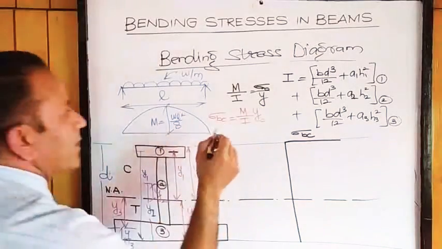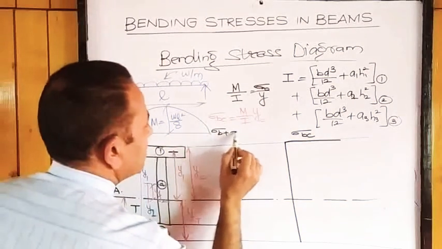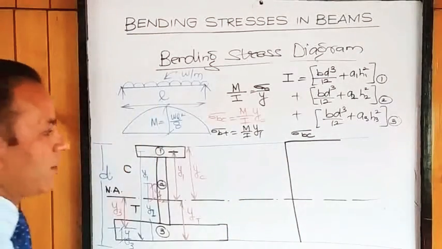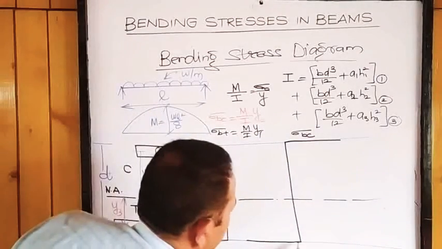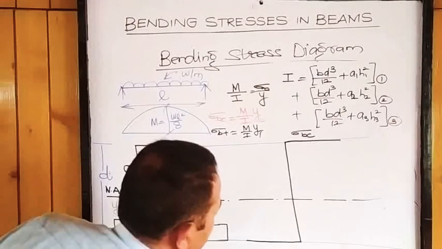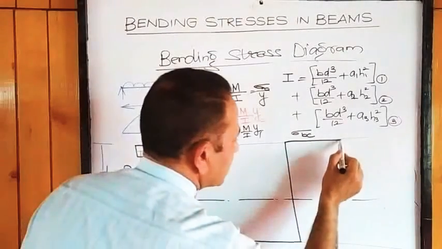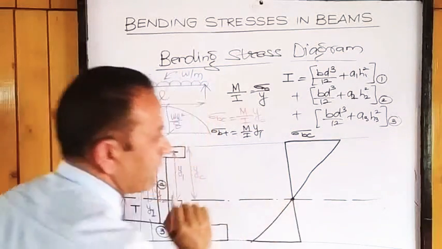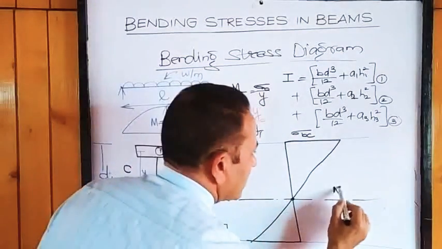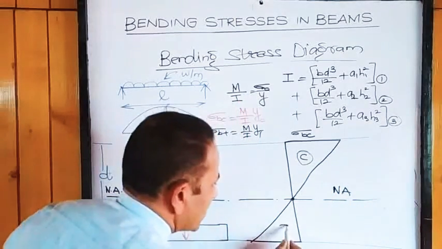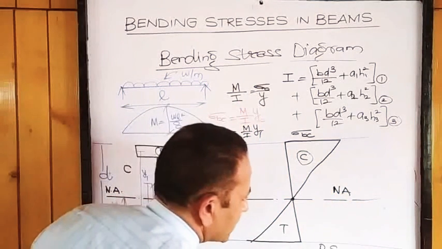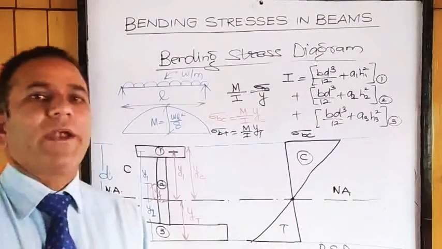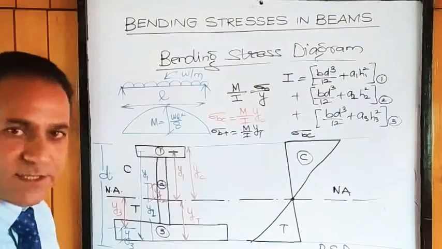Similarly, putting here sigma BT equal to M upon I into YT in place of YC, we will have another value of stress that will be sigma BT. Join this. This will pass through the zero level at the neutral axis. Compression, tension, this is the bending stress diagram. So this is how we plot the bending stress diagram for various cases.